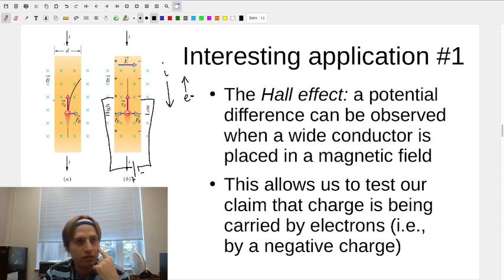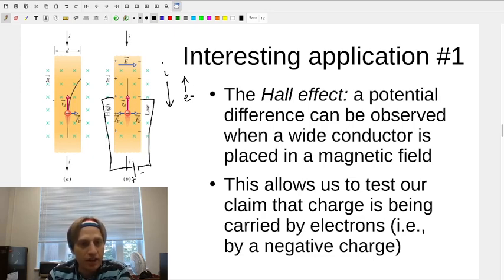So at the beginning, when you're doing this, your charges are building up on the side of this plate, and you want to tune it such that instead of having charges build up, instead they're going straight through. All right. So what you do is you crank up your voltage until you get the magnetic force and the electric force basically balancing out, and the current just goes through nicely.